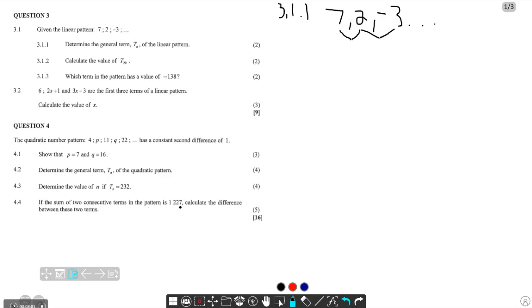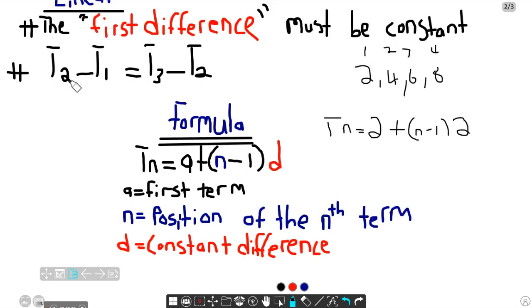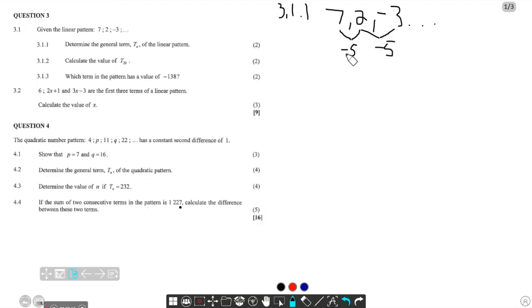Now that we found our constant difference, we need to remember this: term number 2 minus T1 is equal to T3 minus T2. So in this case, we have -5, right? This is our first difference because we are talking about linear number patterns.